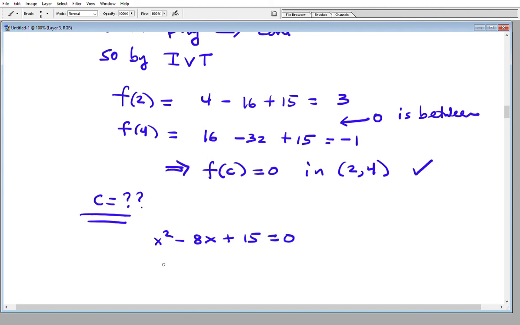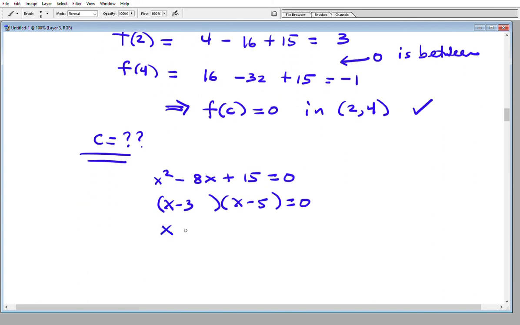What x value makes it 0? And is that x value going to be between 2 and 4? So we have x equal 3, x equal 5. This is the one between 2 and 4, not this one.